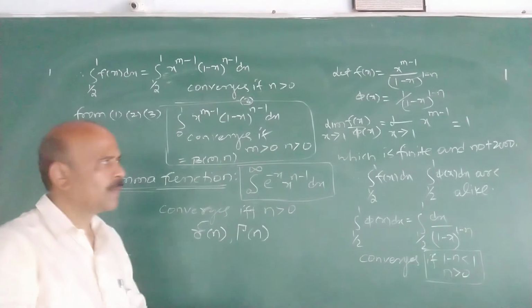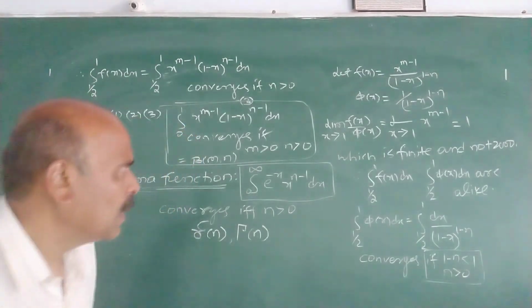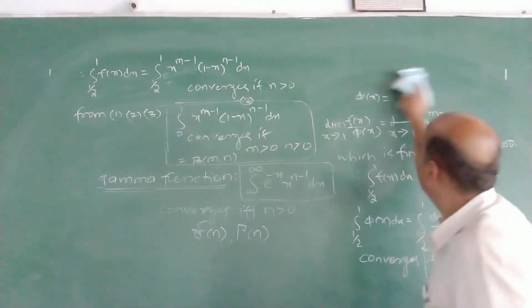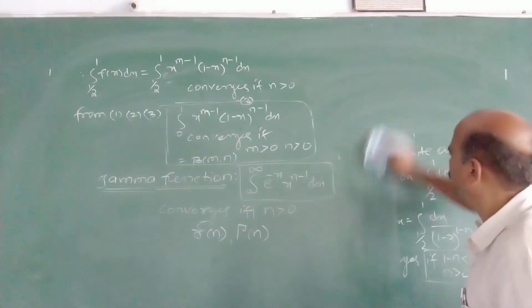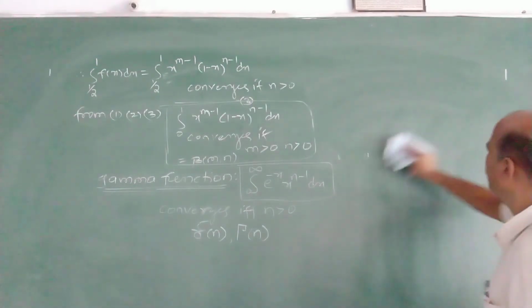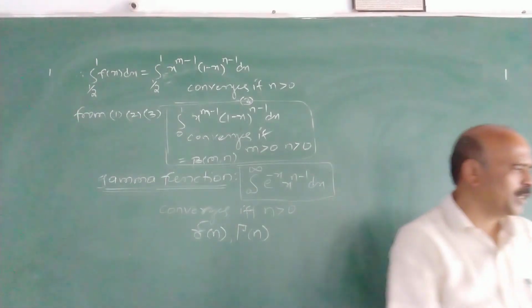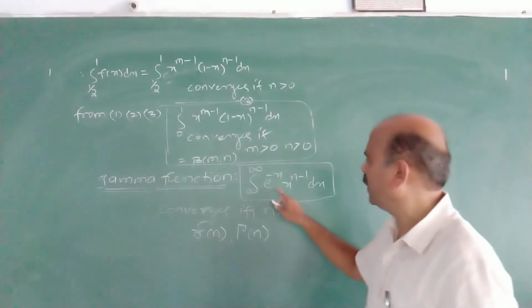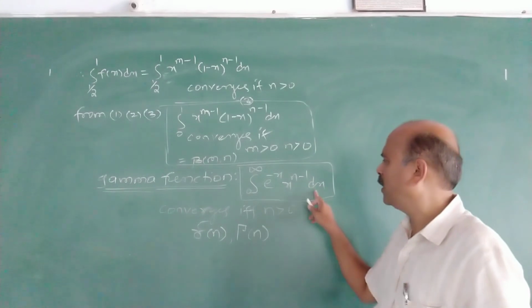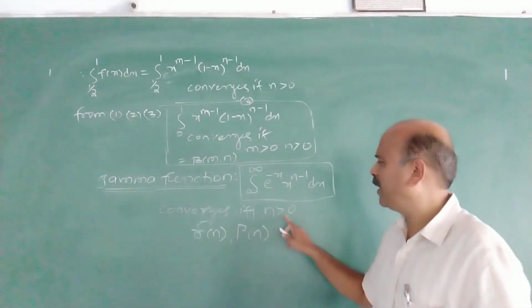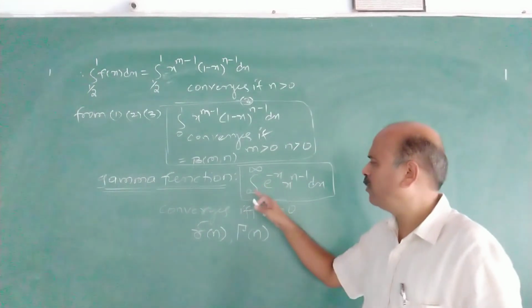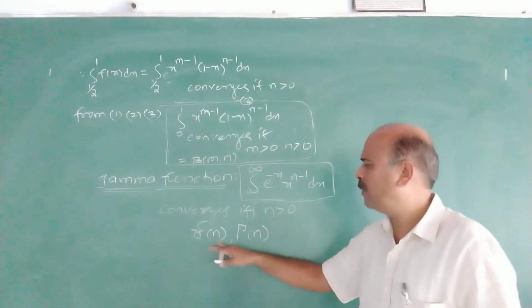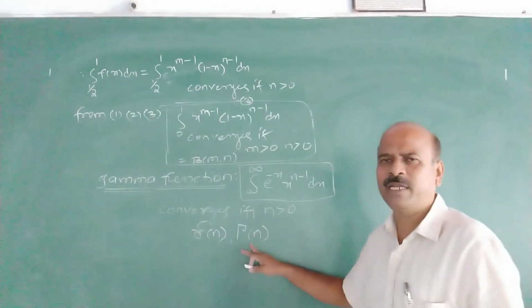Now, what is the topic? The gamma function. How to define the gamma function? Integral from 0 to infinity of e raised to minus x, x raised to n minus 1 dx converges if and only if n is greater than 0, and it will be a function of n, denoted by gamma n or uppercase gamma n.